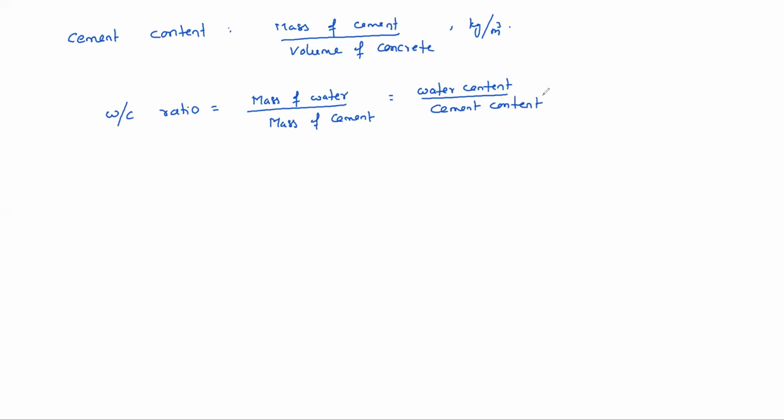Water cement ratio is nothing but water content by cement content. That means how to find cement content now? Cement content equals water content by water cement ratio. So we got the cement content also.